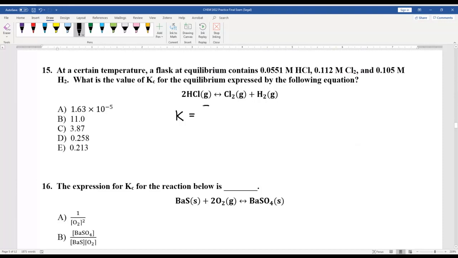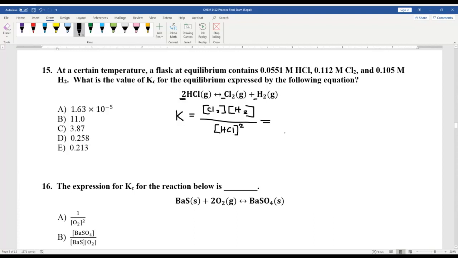So equilibrium expression, Cl2 times H2 over concentration of HCl squared. Because don't forget you have to raise these to their stoichiometric power. The power of Cl and the power of H are just 1, so I don't need those.